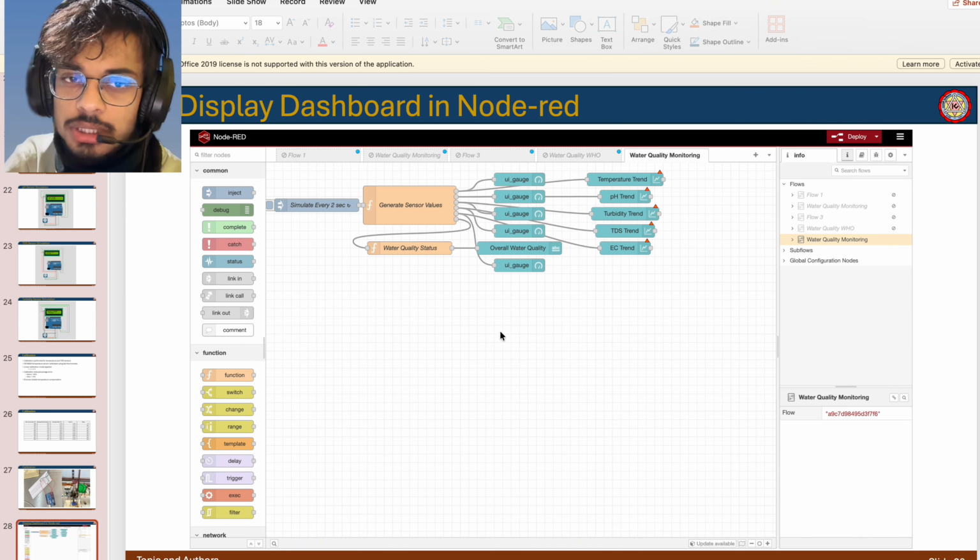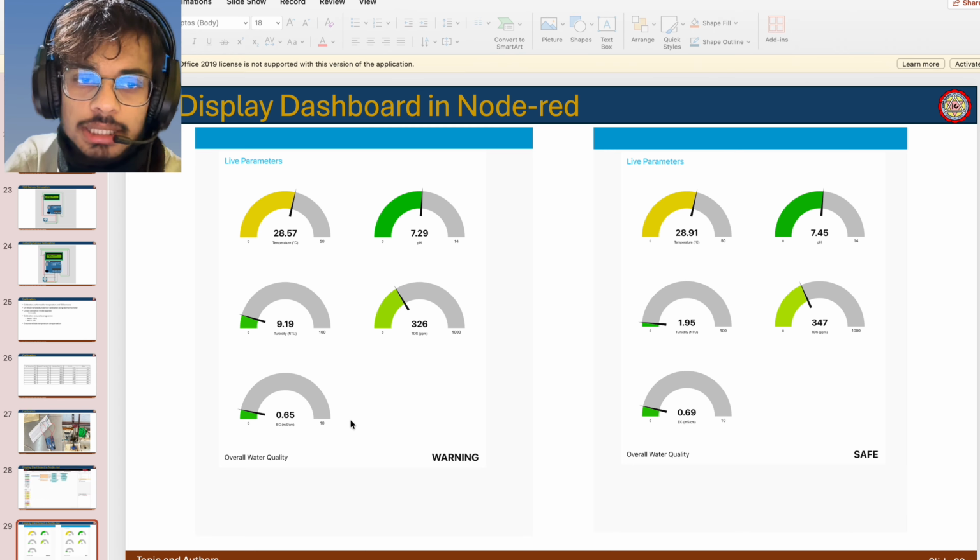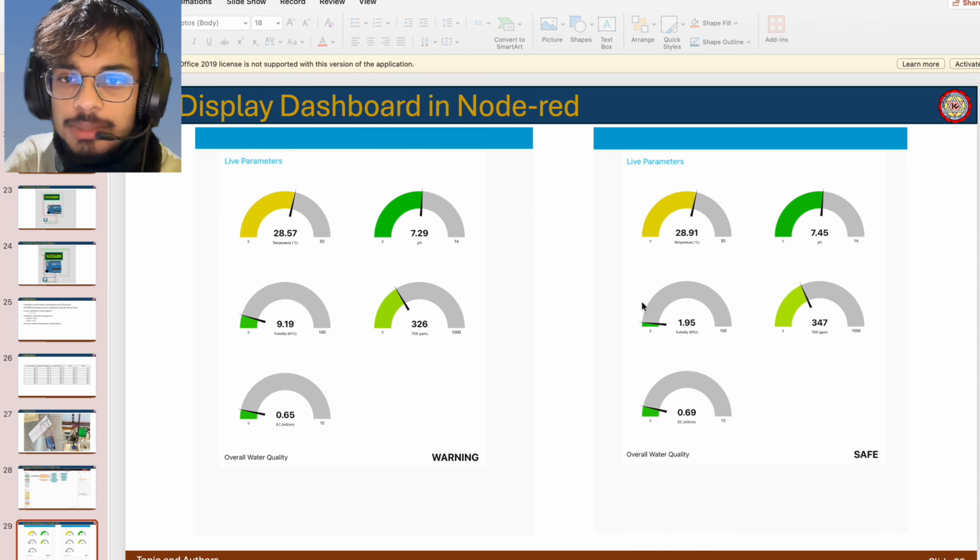It is done in this. These are the live parameters: temperature, pH, turbidity, TDS, and EC. This is the warning level of measurement. This is the safe level of measurement. We will do this live. We will show it.